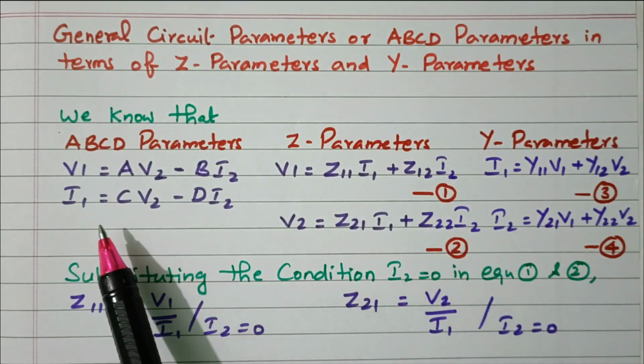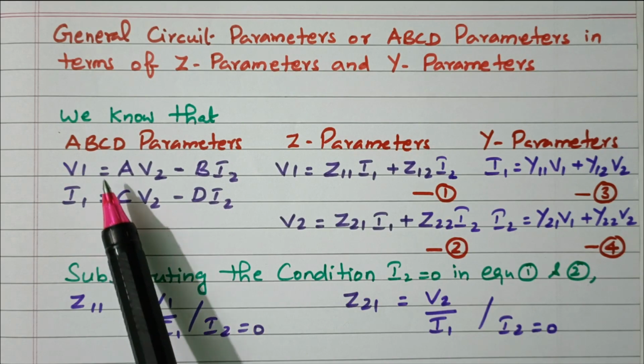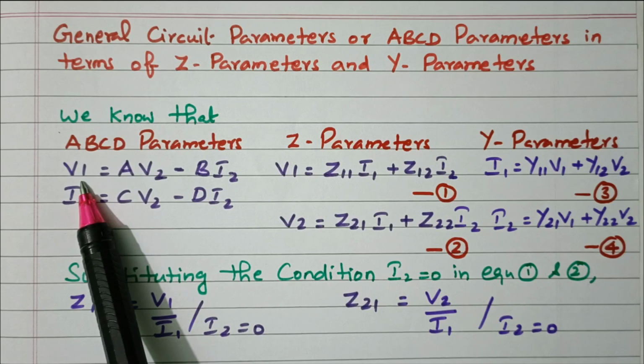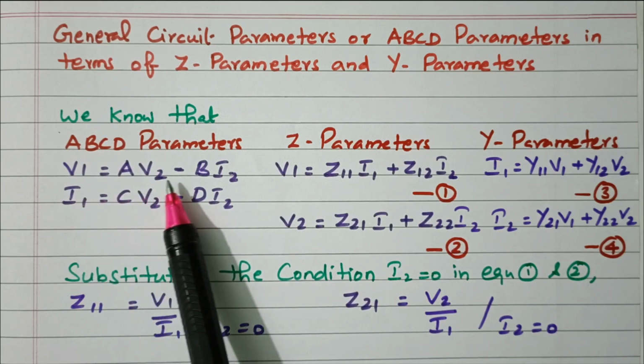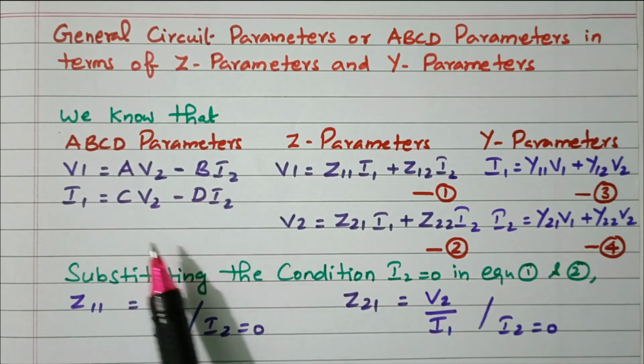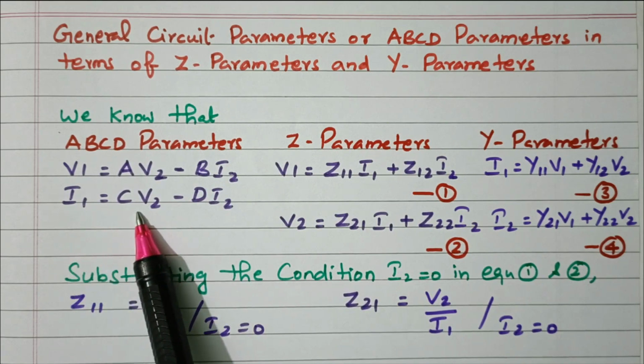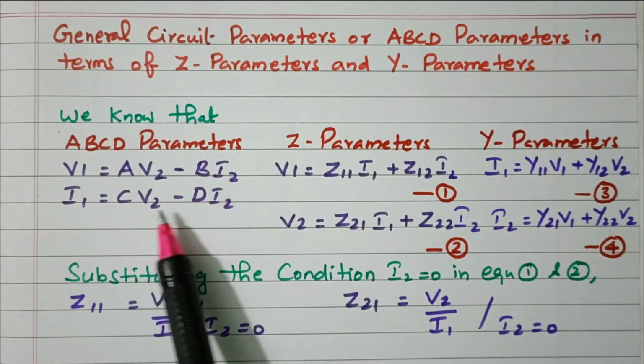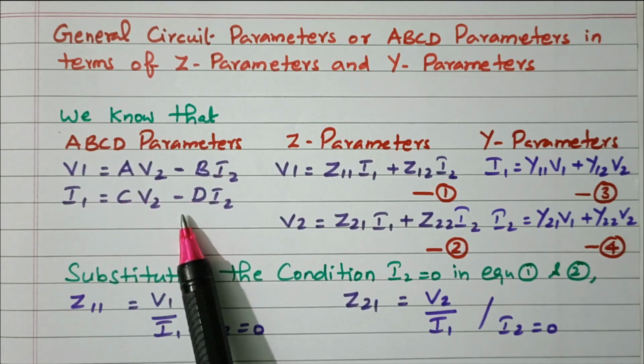Now we'll see the general equation for all these three parameters. ABCD parameters is given as V1 equal to A V2 minus B I2. I1 equal to C V2 minus D I2. So this A, B, C, D is nothing but general parameters.